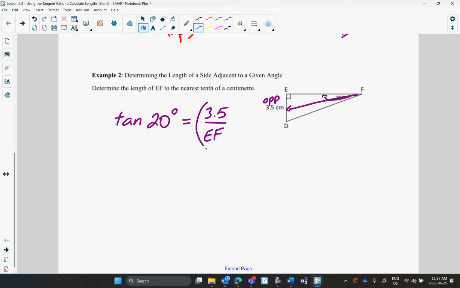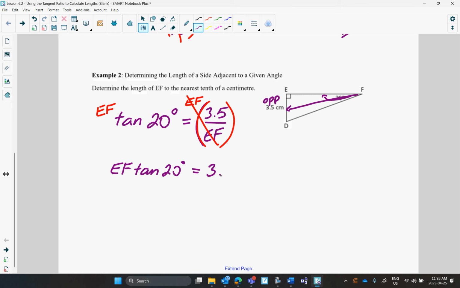What would I multiply by to get rid of this? Which means I have to multiply this side by EF. So I get EF times tan 20 degrees. Remember, when it's like this, it means multiply.